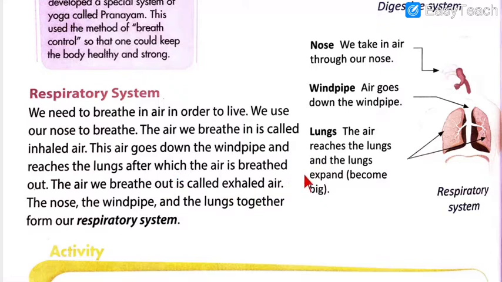The air we breathe out is called exhaled air. The nose, the windpipe and the lungs together form the respiratory system. This is what we understood in the previous lecture, how we breathe in, how we breathe out, and that the process of breathing in and breathing out is called the respiratory system.